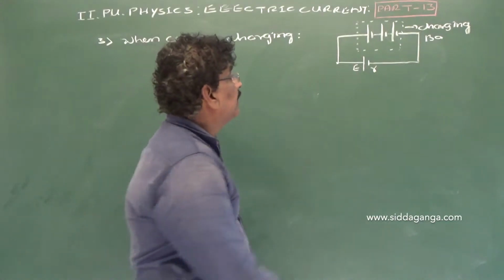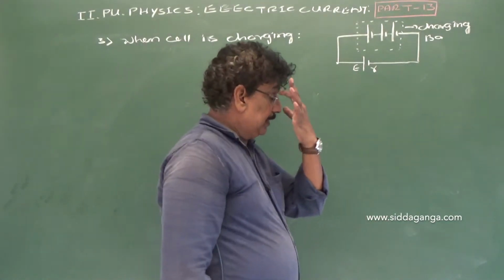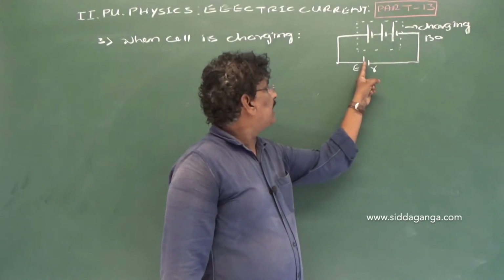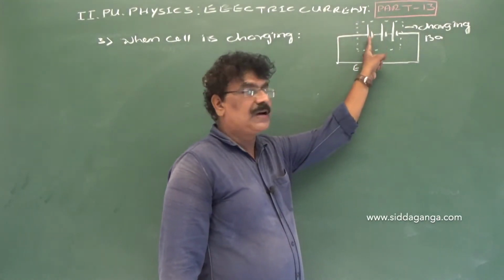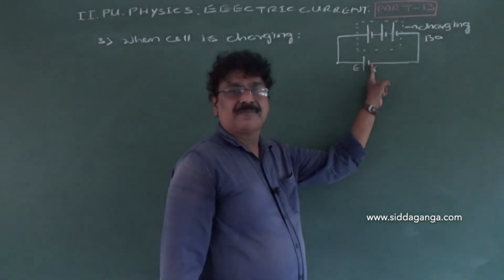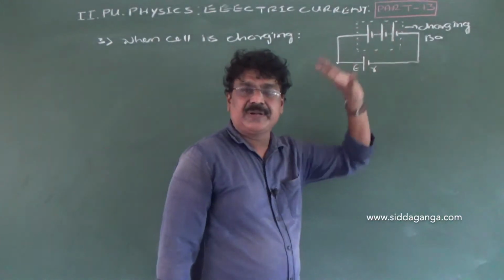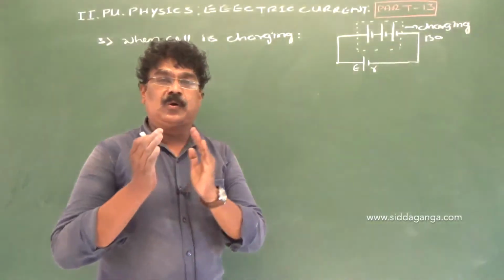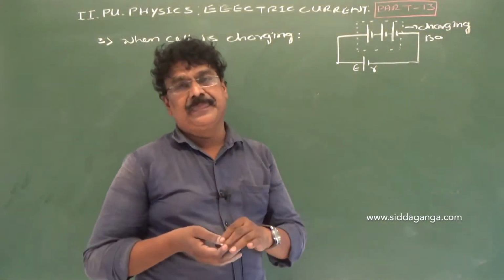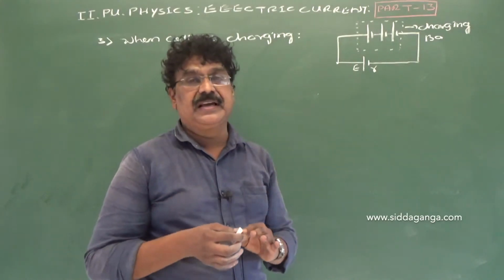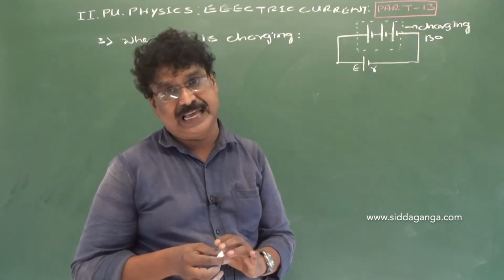Now see here, while the cell is charging, the positive terminal of the cell is connected to the positive terminal of the battery. The negative terminal of the cell is connected to the negative terminal of the battery. Generally, to charge a cell, the EMF of the battery must be greater than the EMF of the cell.